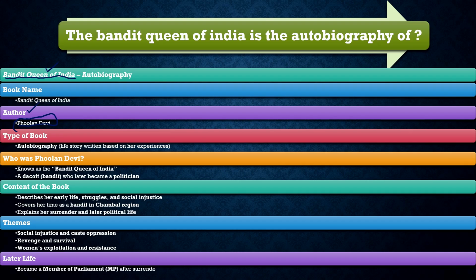Her book describes her early life struggles and social injustice, covers her time as a bandit in the Chambal region, and explains her surrender and later political life. She became a Member of Parliament after she surrendered.